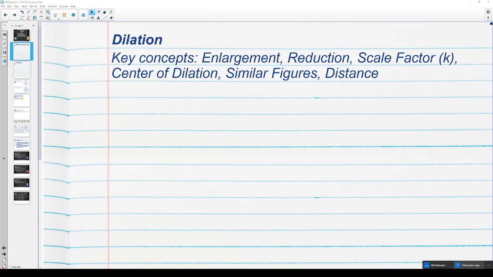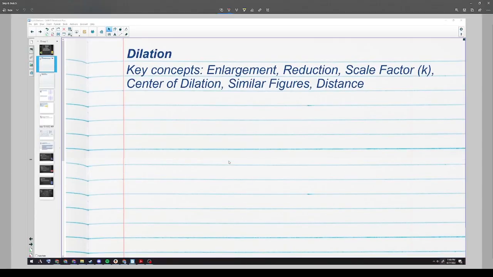So we can take an original shape and make it grow or shrink. So I can take this triangle and I can scale it up to make it the same general shape but a bigger version. So before we dealt with congruence transformations. In this case we're going to be dealing with similar figures.